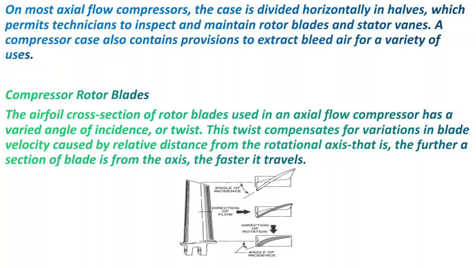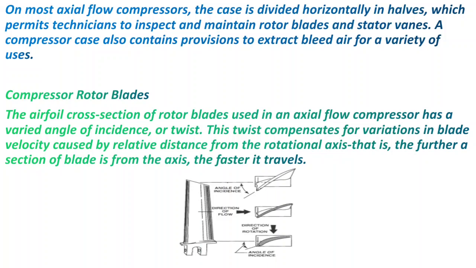So as you see in this picture, the compressor rotor blade has a varied angle of incidence. The angle of incidence at the root is slightly greater than the angle of incidence at the tip. So, the varying angle of incidence is to prevent the rotor blade from stalling.